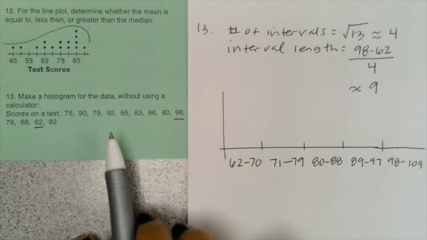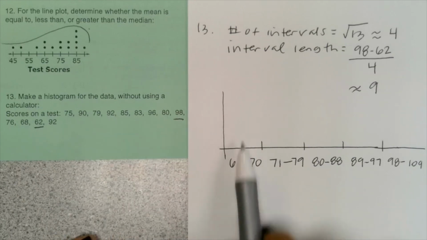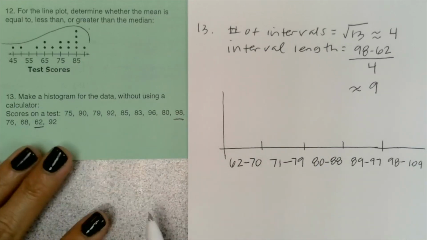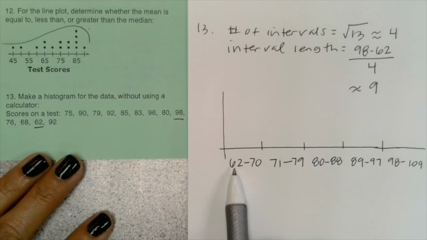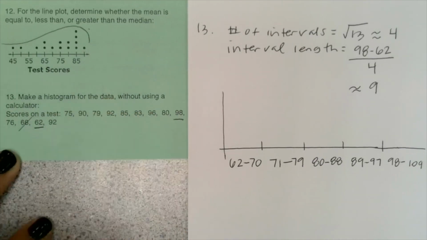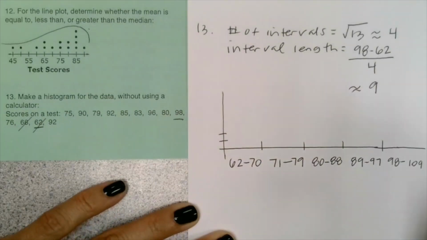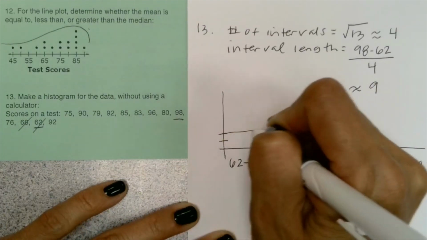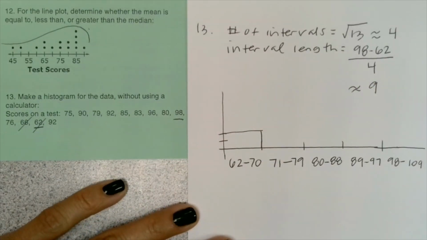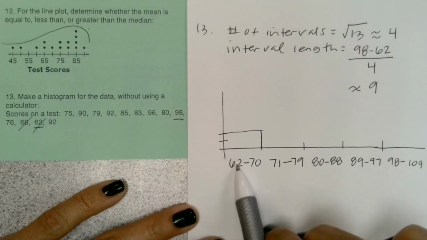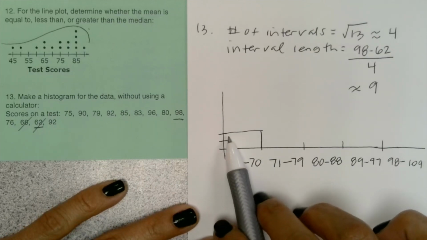What we're going to do is we're going to count how many values are falling in each category. So if we count how many values are between 62 and 70, we have 68, 62, and that's it. So what we'll do is we'll go up 2 units on the y-axis and draw a box that goes from 62 to 70 and goes up a height of 2.